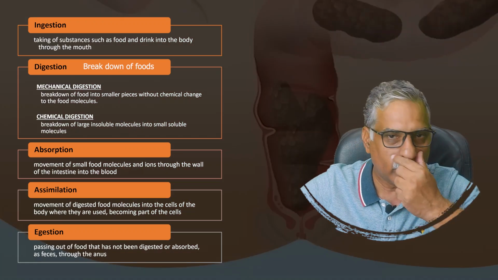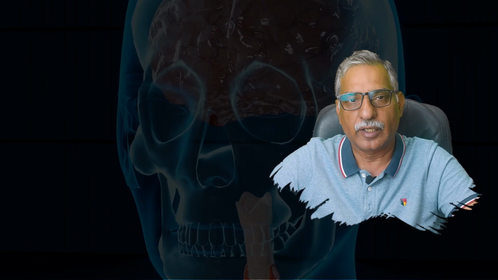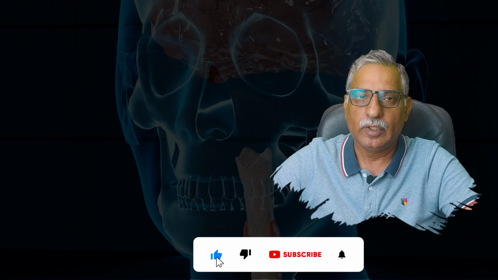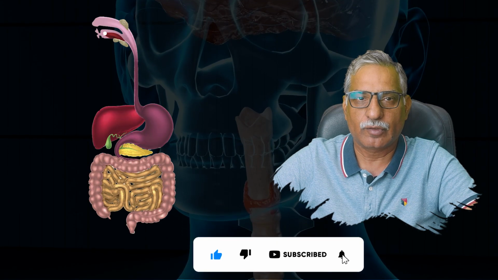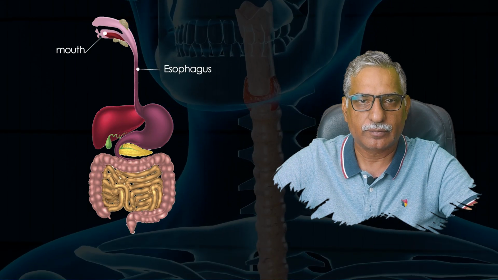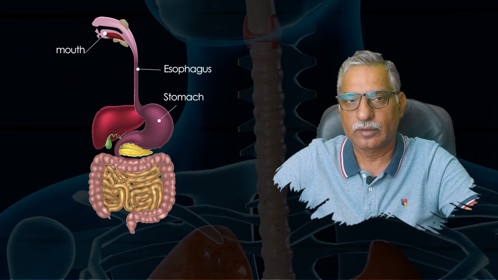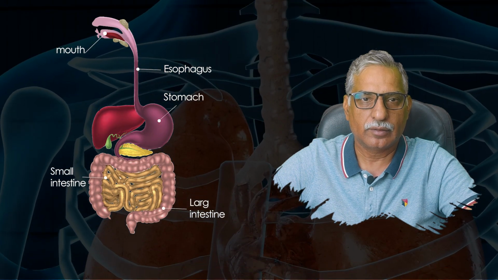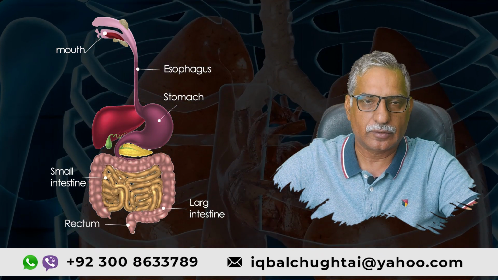So let's continue with our discussion of the different components of the digestive system. The digestive system comprises the following components: mouth, esophagus, stomach, small intestine, large intestine, rectum, and anus.